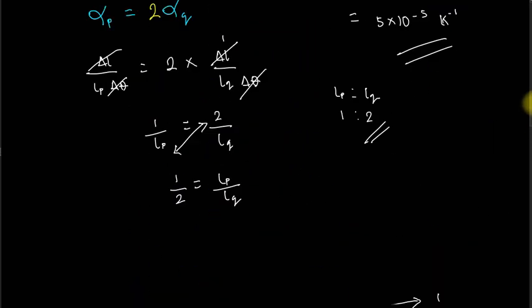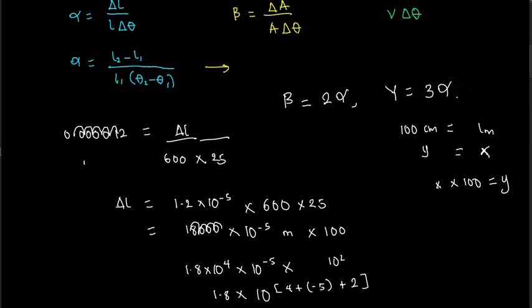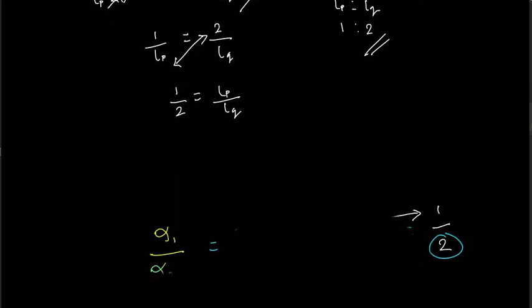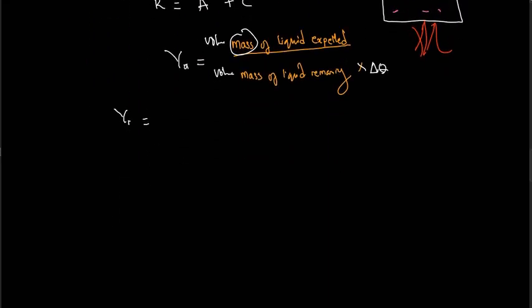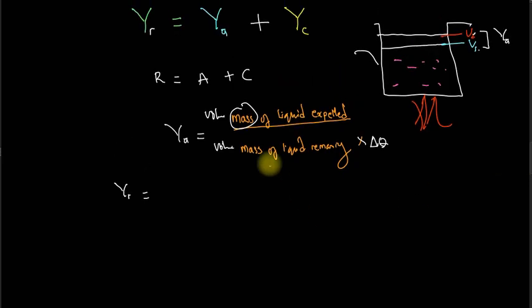Remember that the relationship between linear and cubic expansivity is what? Cubic expansivity is 3 times linear expansivity. So if we're given linear expansivity for glass, we have to multiply by 3 to get the cubic expansivity. Okay, so let's get into it.